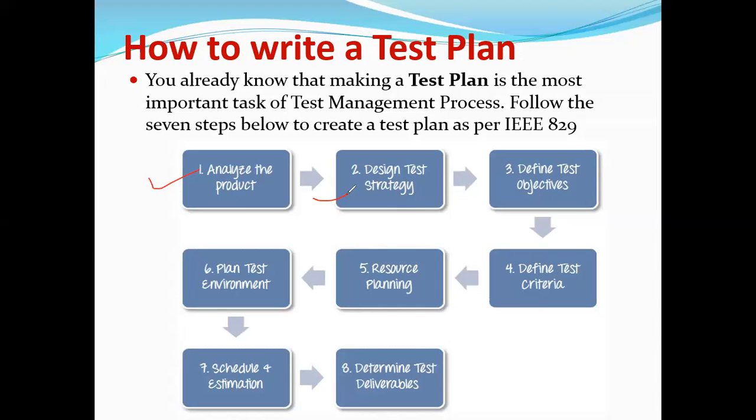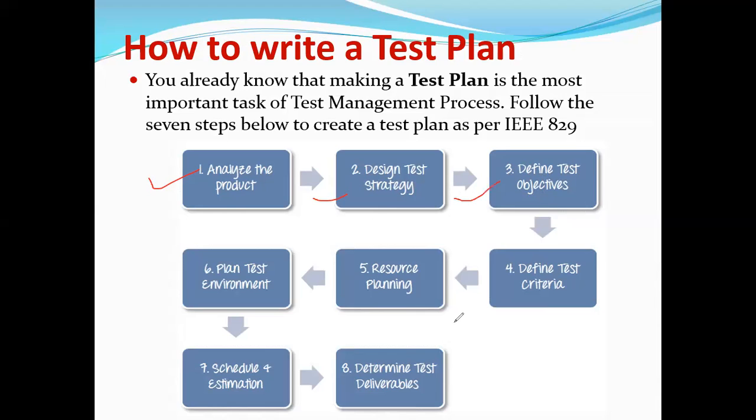So whatever the core team is, that will be looking after the main functionality of the product. Some people may be good in GUI testing, some people may be good in ad hoc testing. So like that you have to segregate your team, and accordingly you have to manage the strategy for testing purpose.